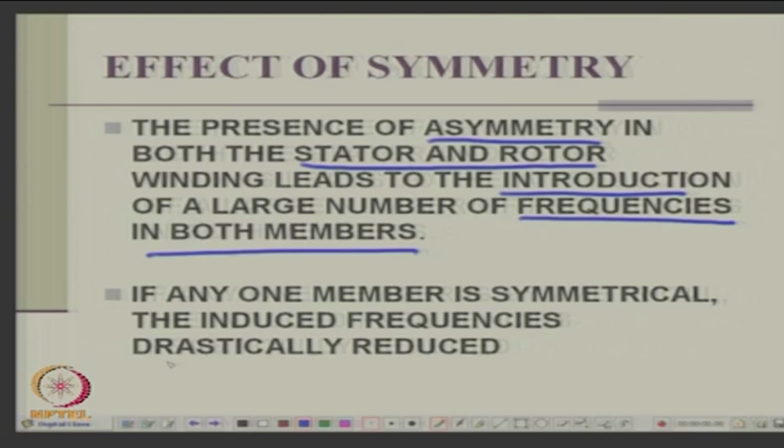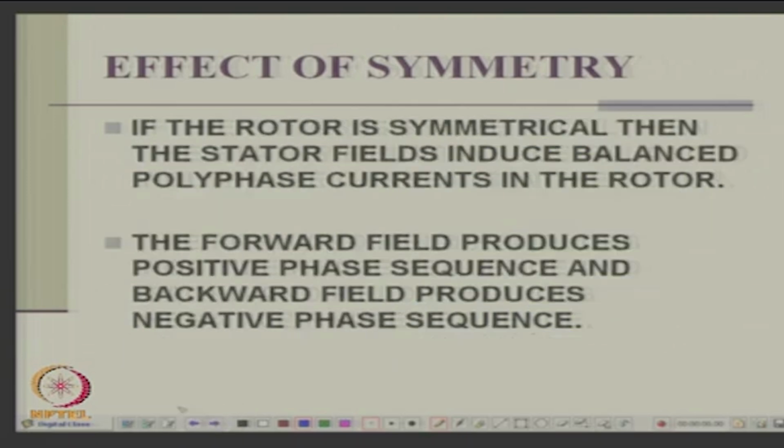But if any one of these becomes asymmetrical, then the frequencies get drastically reduced, even if one is symmetrical. If the rotor is symmetrical, the stator field induces balanced polyphase currents in the rotor.